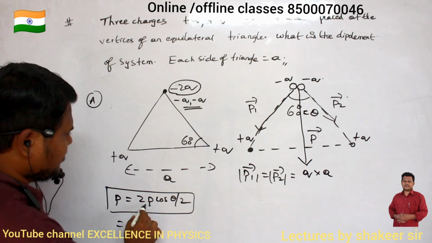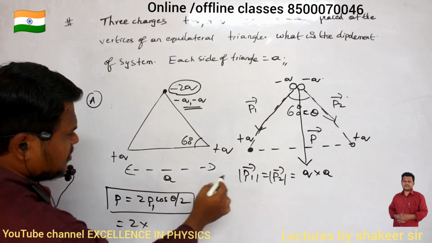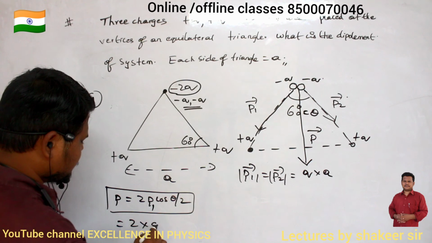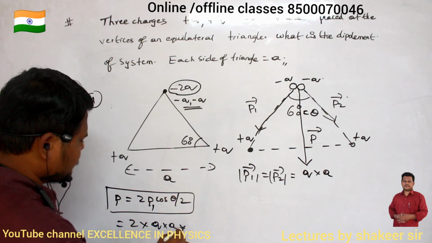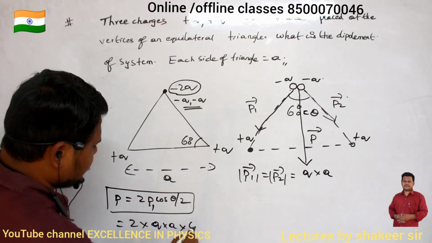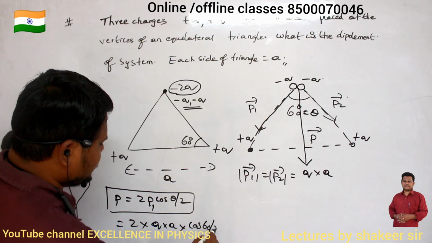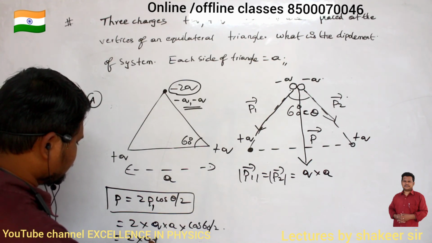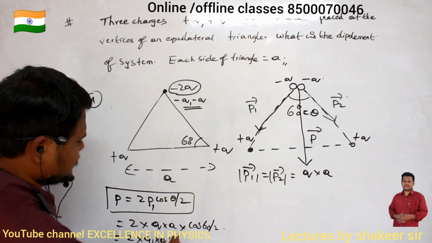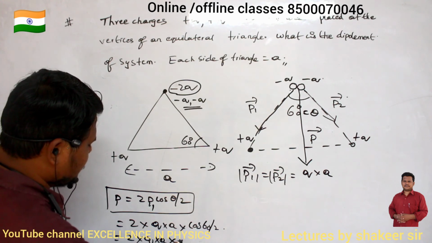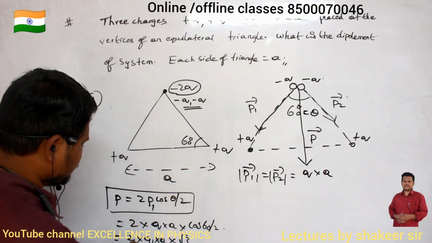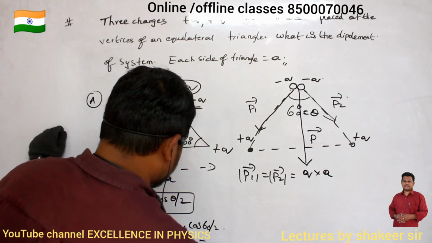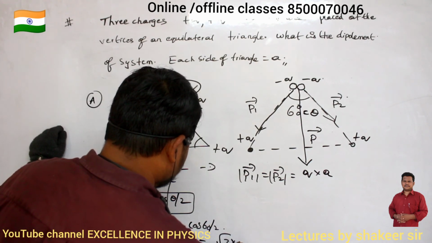So 2 into p value, let it be p1. P1 is q into a into cos 60 divided by 2. Cos 60 divided by 2 is cos 30. So 2 into q into a into cos 30. Cos 30 value is root 3 divided by 2, so 2 and 2 get cancelled. So net dipole moment is root 3 into qa.